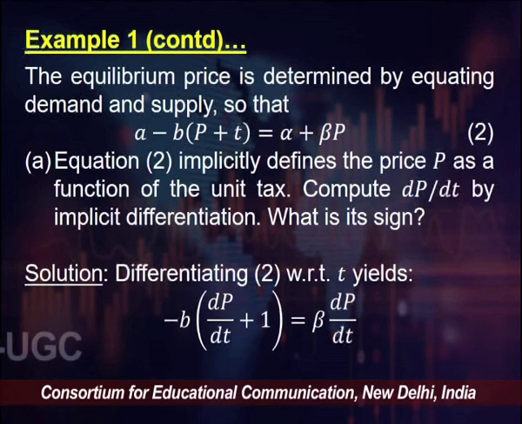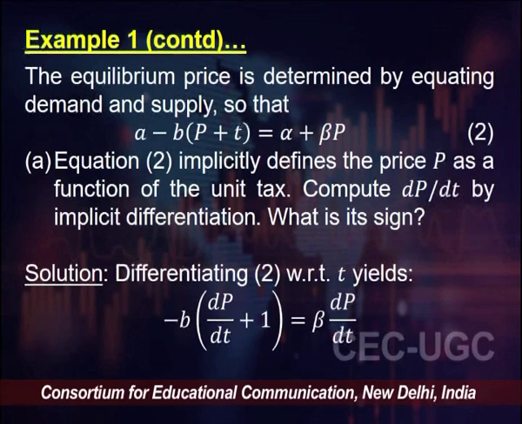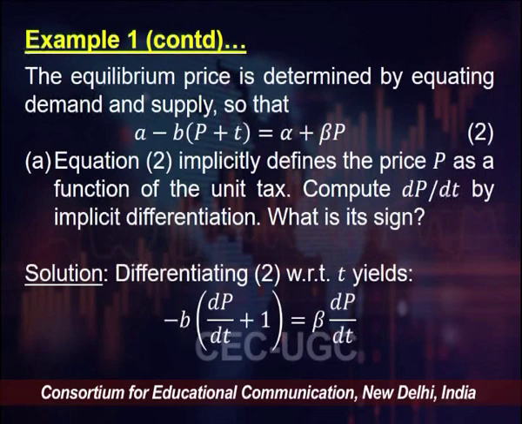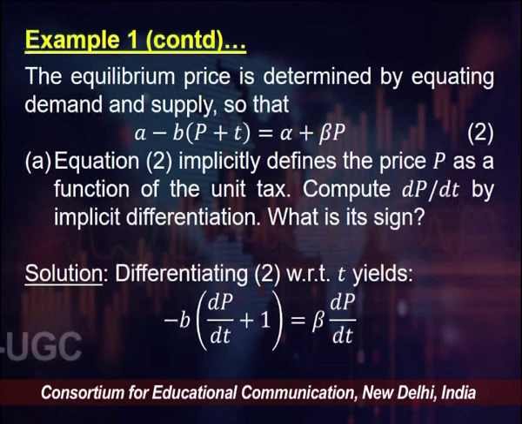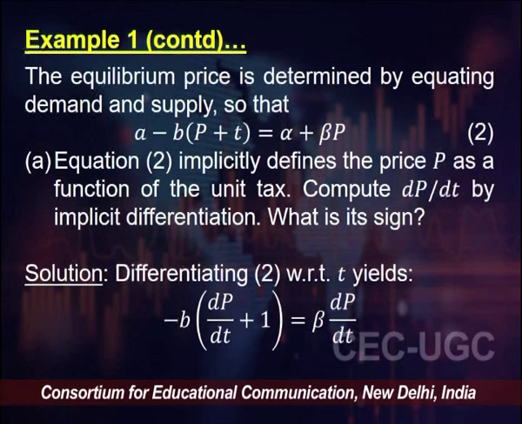Now, equation 2 implicitly defines the price P as a function of the unit tax. So what you're required to compute here is dP by dt. We want to understand how P changes with respect to T, and we're going to compute dP by dt by implicit differentiation. And then we're also going to see what the sign of dP by dt is going to be, and also see if there's any interpretation that this result lends itself to.